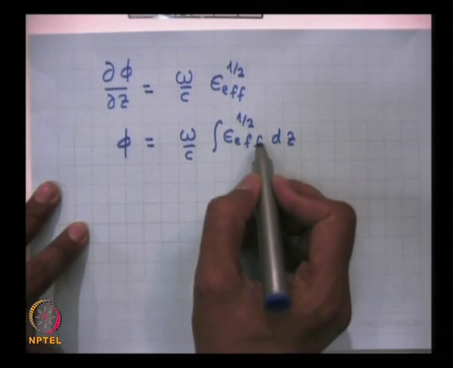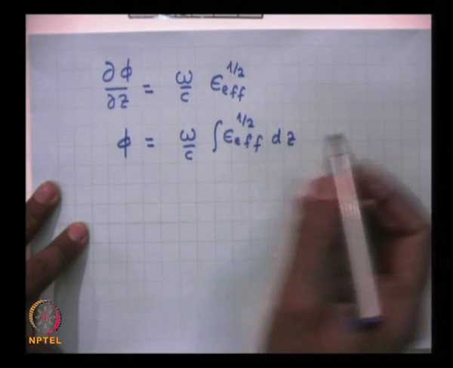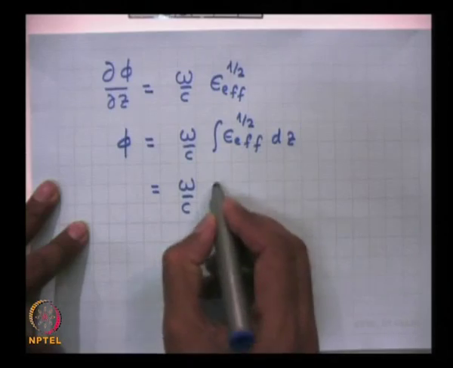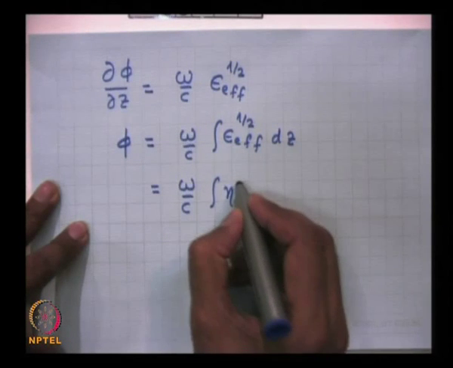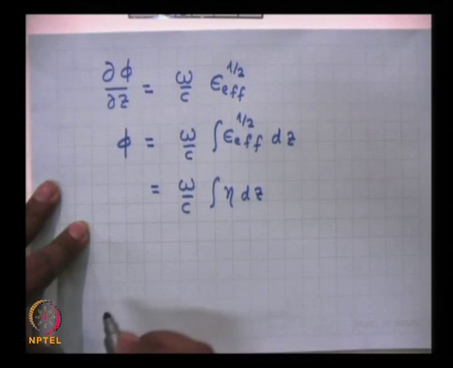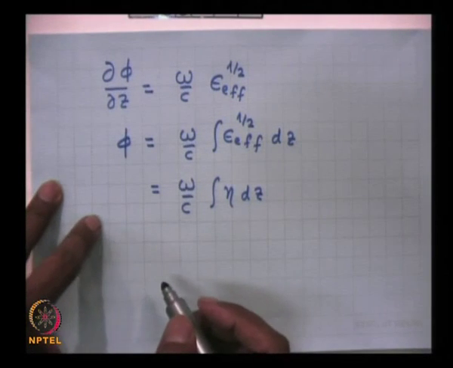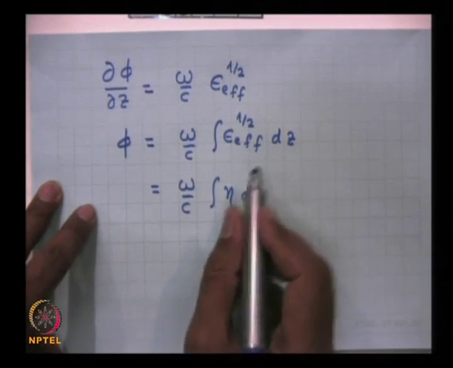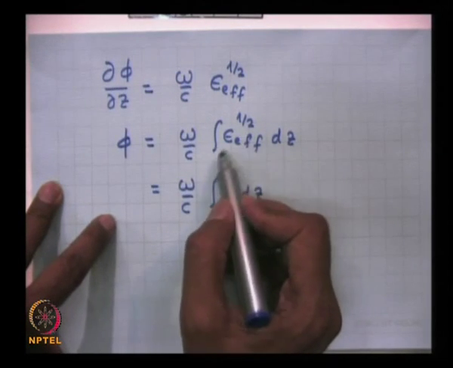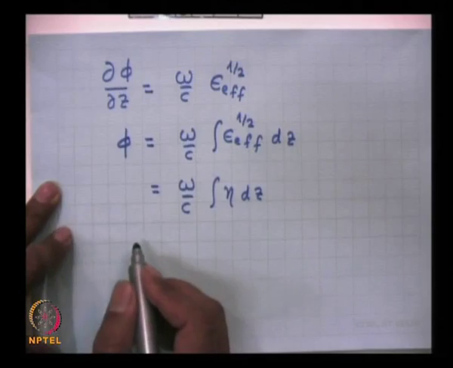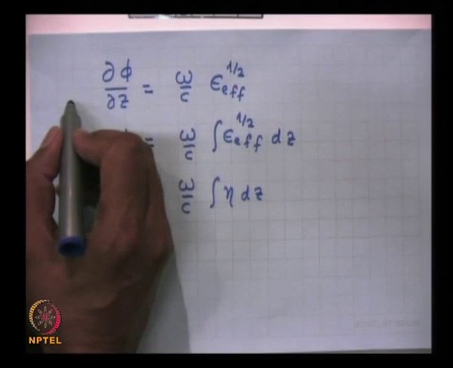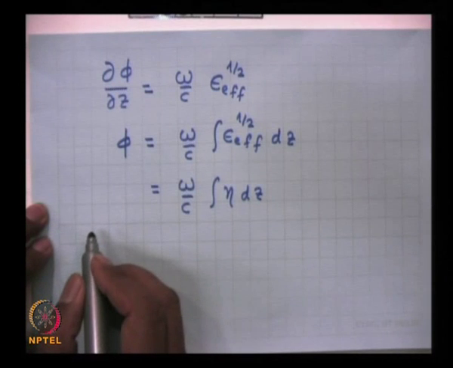Because we have been calling this quantity the refractive index, I can also write this as omega by c integral of refractive index into dz. If the medium were homogeneous, this is a constant, you can take it out, and the integral of dz simply becomes z. This is by equating the real part on the left to the real part on the right.